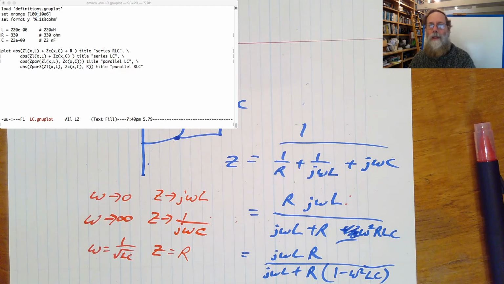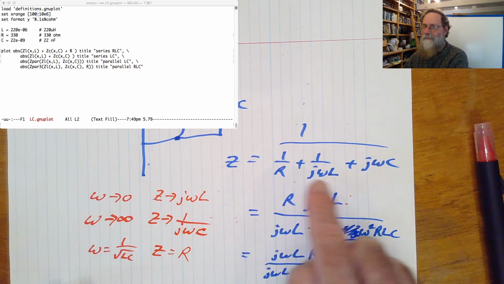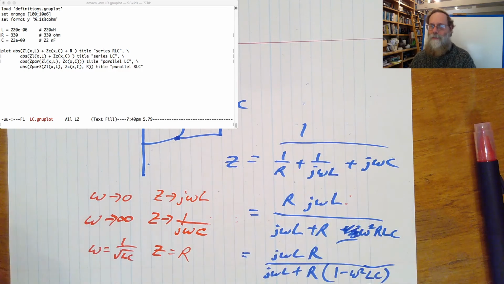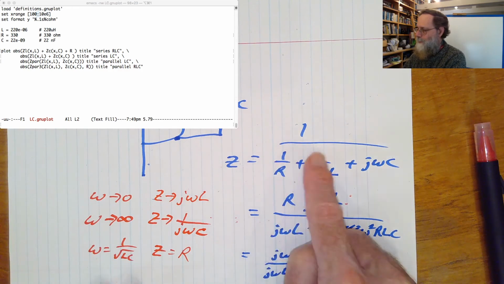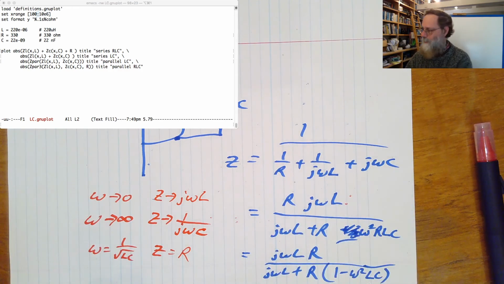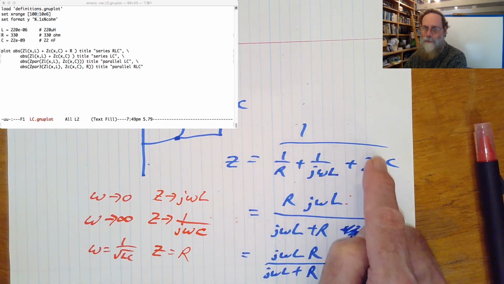And I'm going to plot both the LC circuit without the resistor, which we did in a previous video, and adding in the resistor. So for series, it's just plus R. And for parallel, I use the ZPAR3, which takes 3 things in parallel. Basically, this formula is built into ZPAR3, where you have Z1, Z2, Z3 as the 3 parts here. 1 over Z1, 1 over Z2, 1 over Z3.